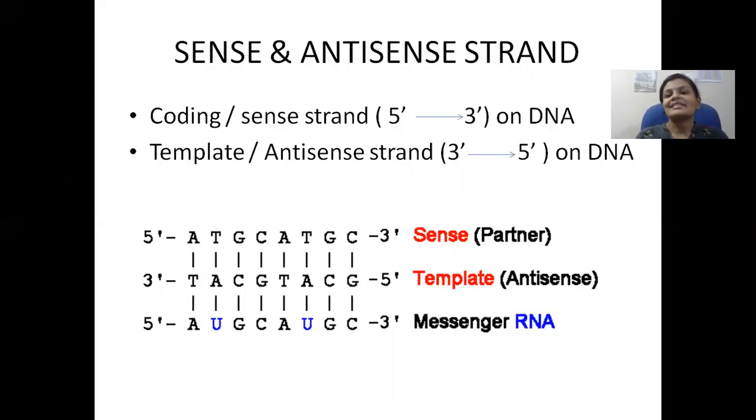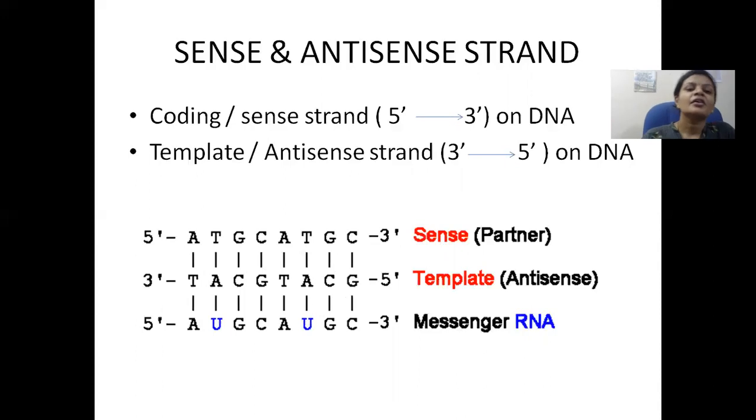So when we transcribe the 3' 5' strand, we get a 5' 3' direction mRNA, and that mRNA has the sequence in the order of what is already there in the coding strand. So this concept of sense and antisense strand applies to both prokaryotes and eukaryotes.